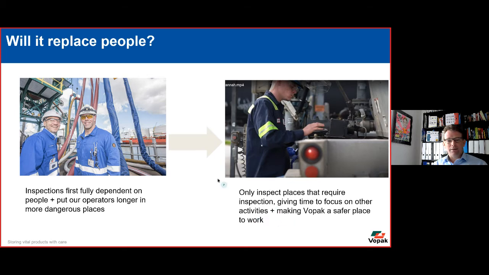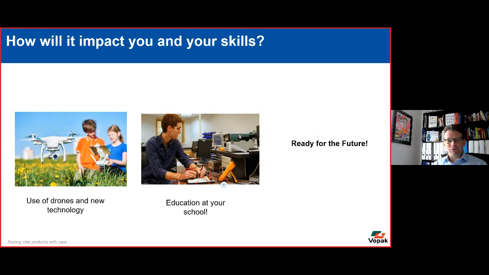Then, the question that Stem asked, well, what will it mean for you? Well, I can only say that you are in a very privileged time and moment, because you have all these new technologies like drones, robots, small computers, cheap computers, which are all available for you to experiment with.